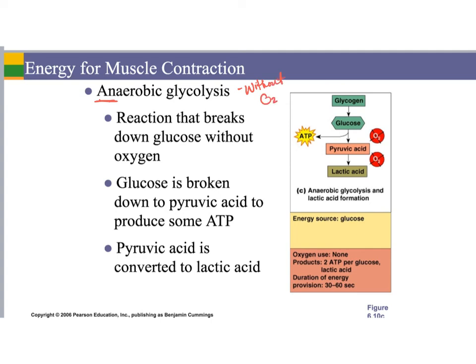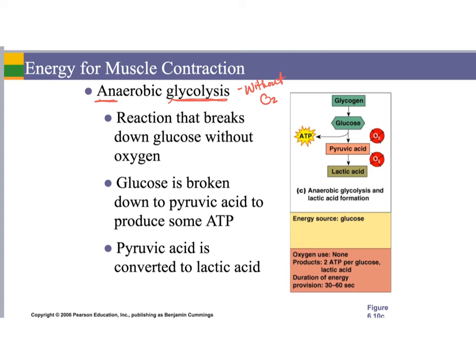Now, I want to make sure that you understand that glycolysis is the first step in both pathways. Okay? So at the end of glycolysis, when we have the pyruvate, if there is no oxygen available, the pyruvate can't be broken down into the acetyl-CoA because oxygen must be available. Oxygen is the final electron acceptor in the electron transport chain.